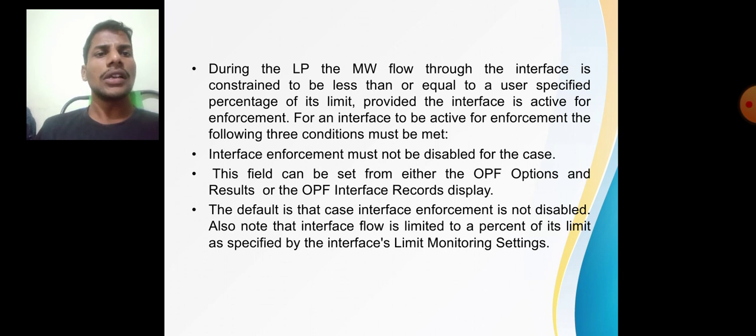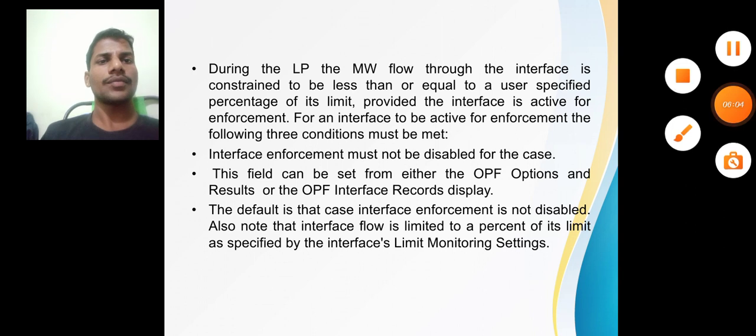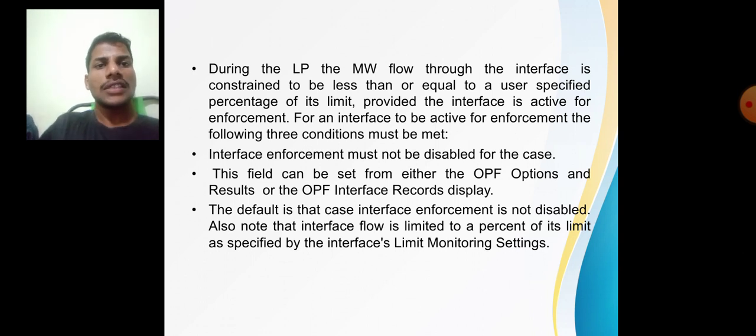For the interface to be active for enforcement, three conditions must be met. Interface enforcement must not be disabled for the case. This field can be set from either the OPF options and results or the OPF interface records displays. By default, interface enforcement is not disabled.